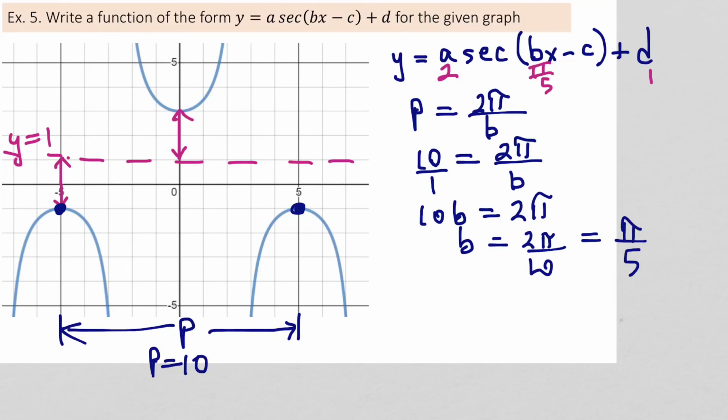Now let's see if we have a C, if we have a phase shift. In order to see if you have a phase shift, let's draw in our construction lines for my cosine graph. So remember, a cosine graph is going to have half of its hump there and half of its hump here, the lower one, like that.